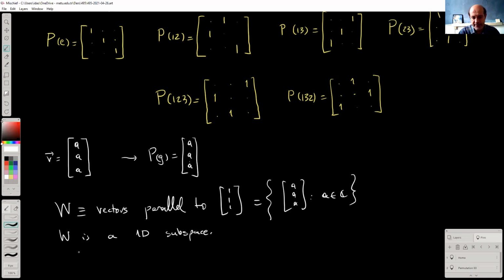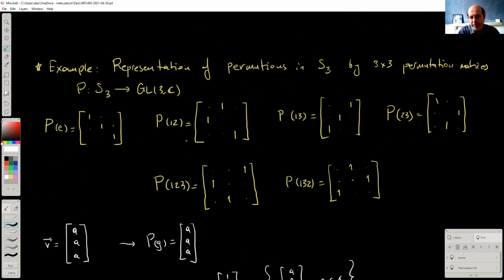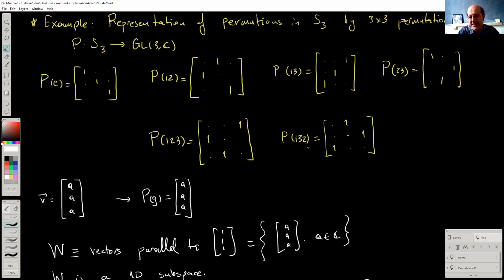So this is a particular subspace and it is invariant. W is an invariant subspace of the representation P. P is this particular representation, this set of 6 matrices.